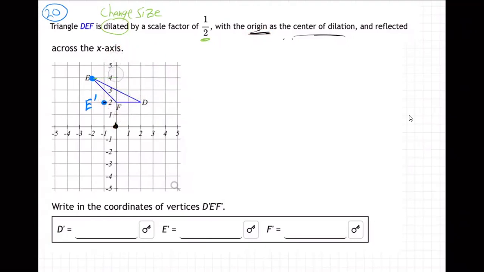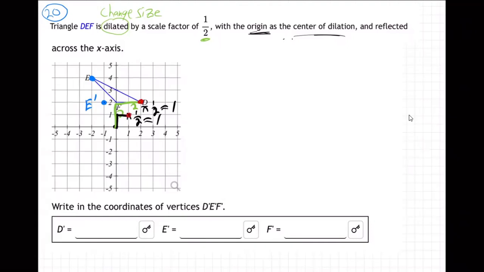And now we'll do D. So for D, up and over, it's a 2, 2, and multiply both those by a half. It's going to be 1, 1, isn't it? So the new one's going to be 1, 1, right there. Let me make sure you're clear on that.